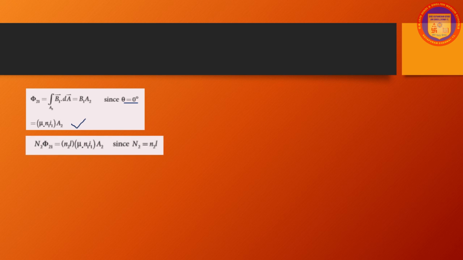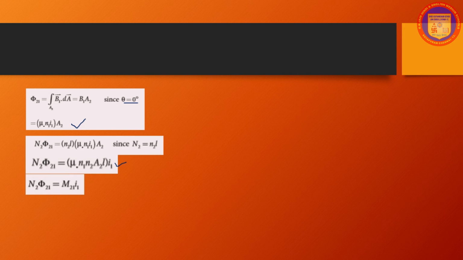The flux linkage of solenoid 2 with the total turns N2 L is N2 phi 21 equal to N2 L into mu naught N1 I1 into A2, so N2 phi 21 is equal to mu naught N1 N2 A2 L into I1.